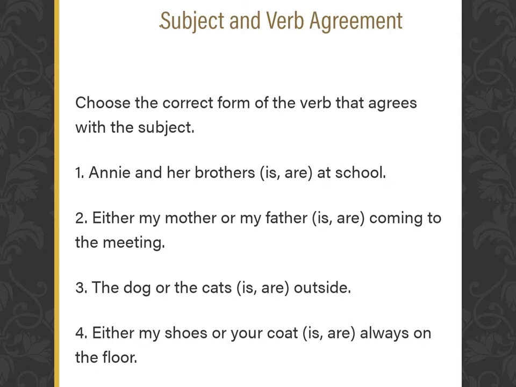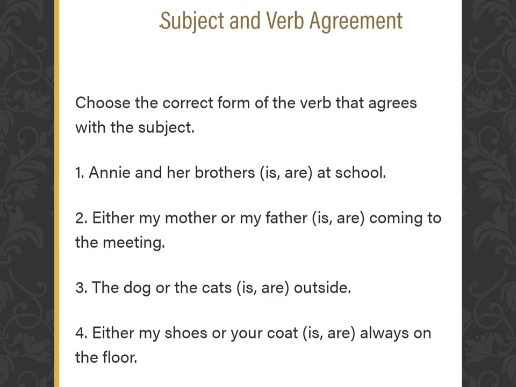The answer is Annie and her brothers are at school. Number 2. Either my mother or my father dash coming to the meeting. The answer is either my mother or my father is coming to the meeting.